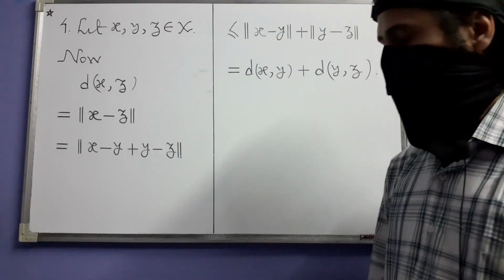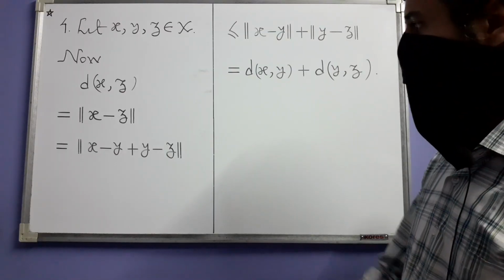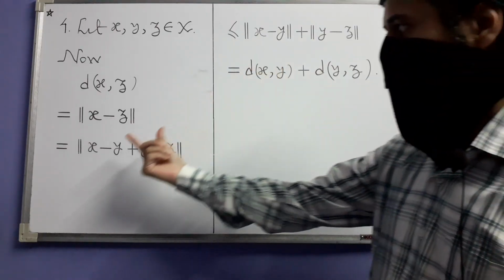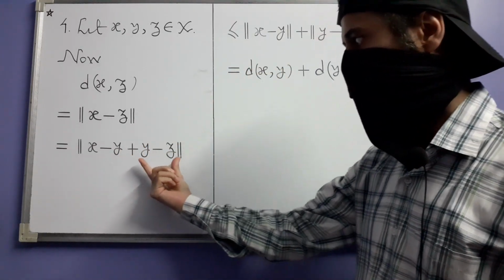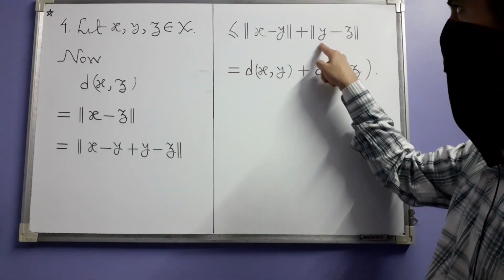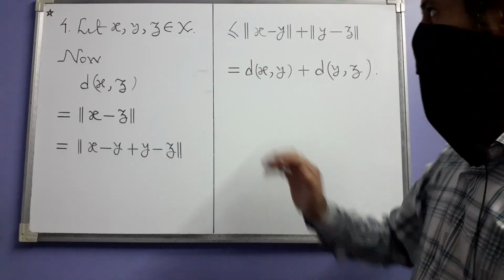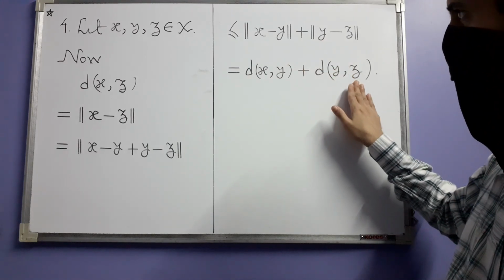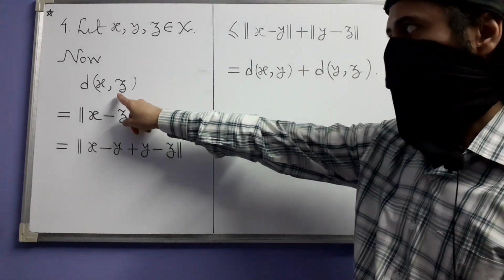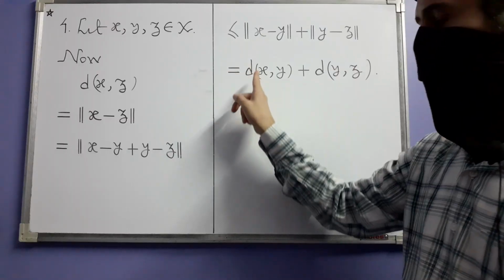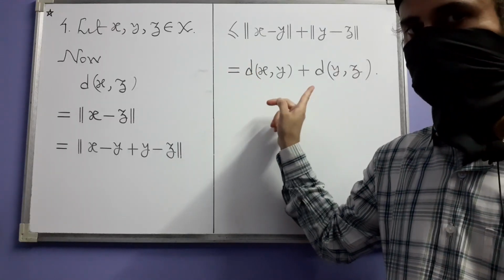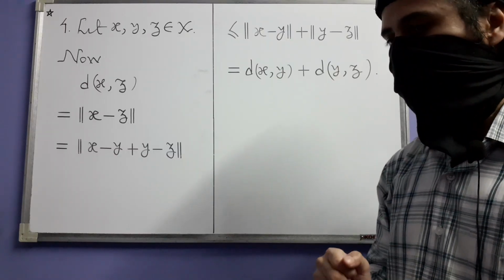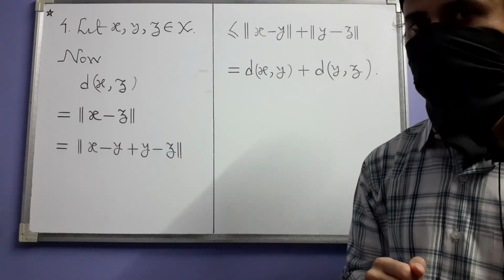So by the triangle inequality for the norm function, this will be less than or equal to the norm of x minus y, you treat this as one vector, plus the norm of y minus z, you treat this as another vector. This, however, is d of x comma y and this one is d of y comma z. So you see that d of x comma z is less than or equal to d of x comma y plus d of y comma z. So these 4 properties are familiar to you.